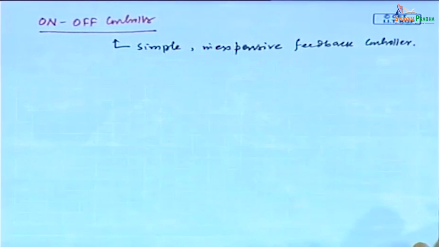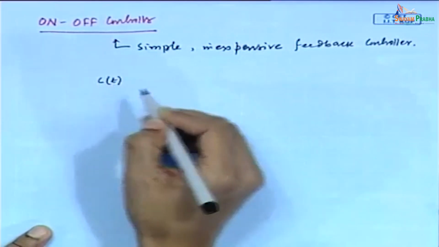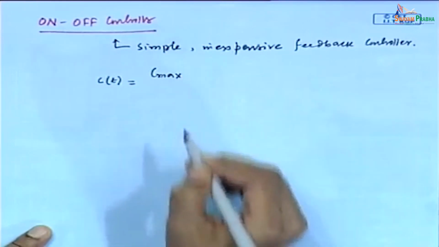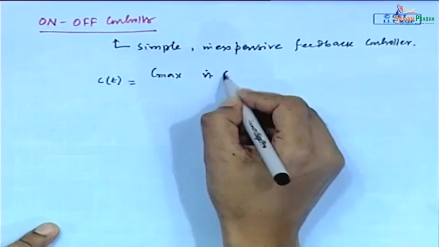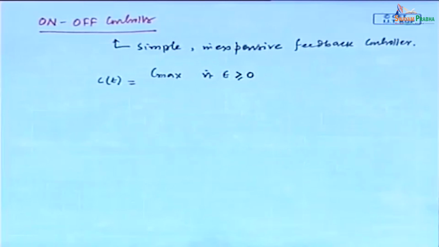Fine. An ideal on off controller, we can represent as Ct equals Cmax if error is greater than or equal to 0, where Ct is the controller output. So, when error is greater than 0, Ct provides the maximum value, Cmax.